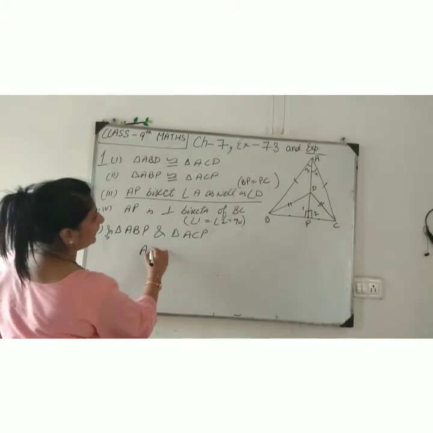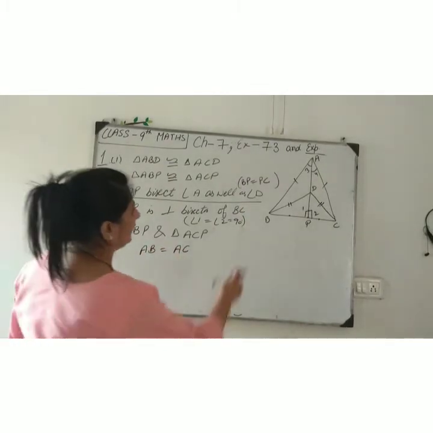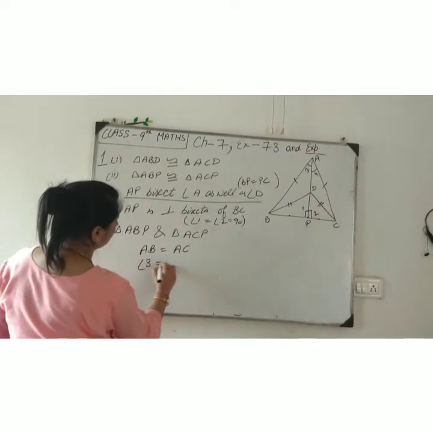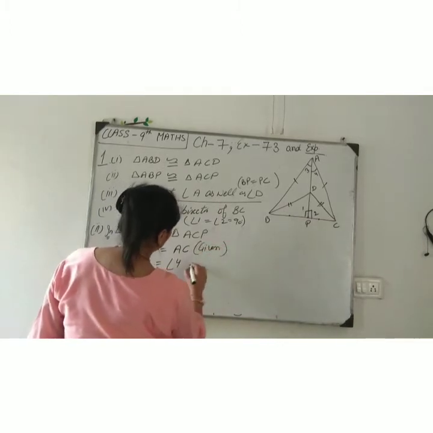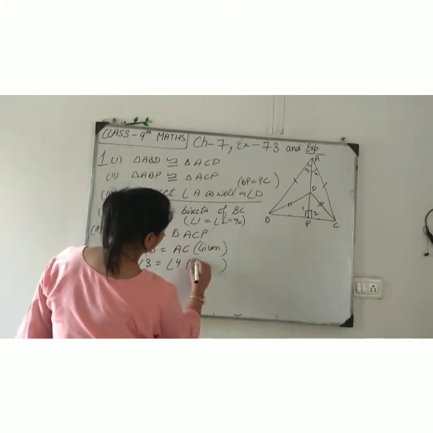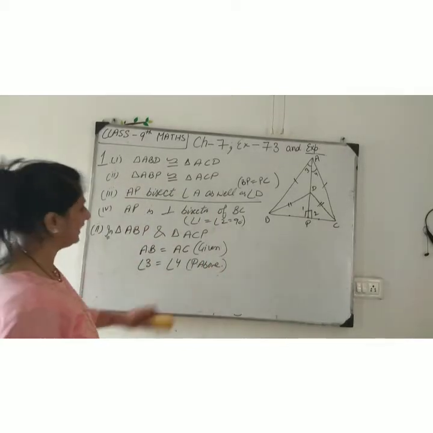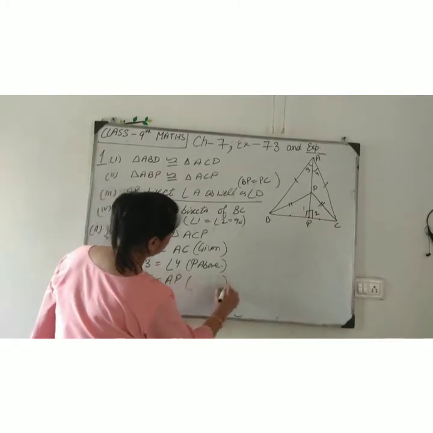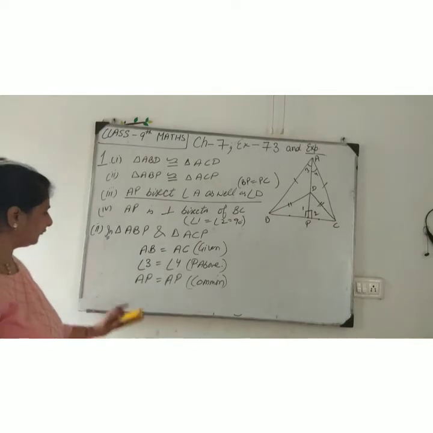First AB equals AC, reason given. Angle 3 equals angle 4. Here the reason is given. Here what will we write? Proved above. And the last one, AP equals AP, reason common. It is clear for all?